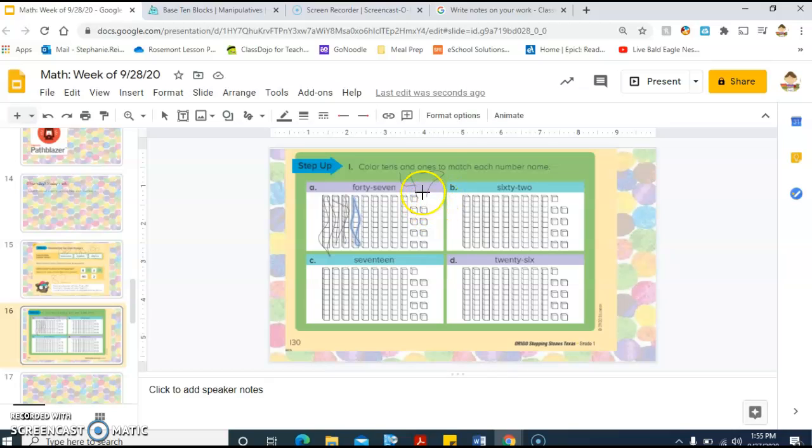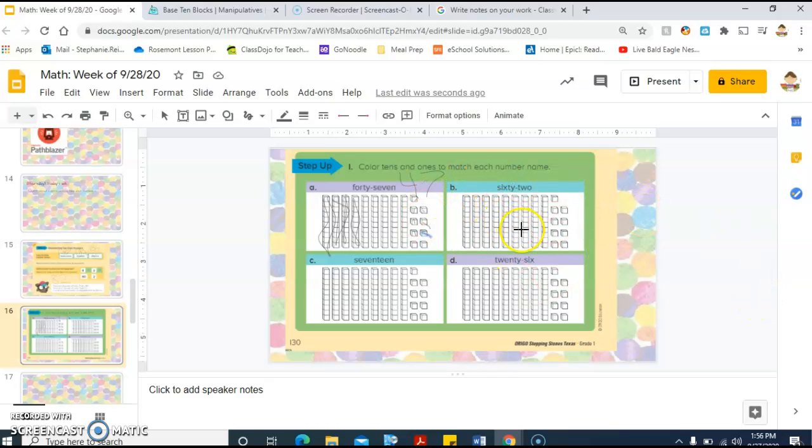Since we have a 7 in the ones, we know for ones we always use our units. So 1, 2, 3, 4, 5, 6, and 7. So that's how we represent 47 with our rods and our units.